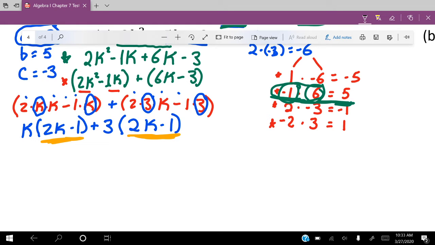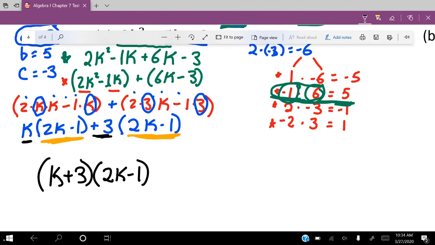I'll take those, which are k and a positive 3, and I'll put them together: k plus 3, and then I'll multiply it by my leftovers, underlined in orange, which is 2k minus 1. So what I really did there is I said, okay, what do each of these have in common? And then what can I remove to make it make sense?